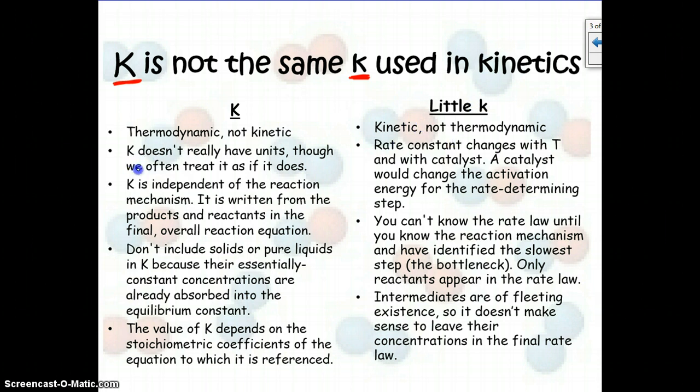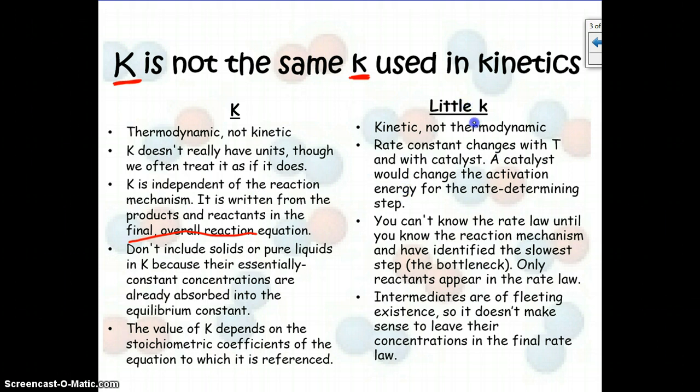Big K doesn't have units, though we'll often treat it as if it does. Big K is independent of the reaction mechanism. It is written from the products and reactants in the final overall reaction, so a mechanism is not anything that we care about when we're calculating the equilibrium constant K.